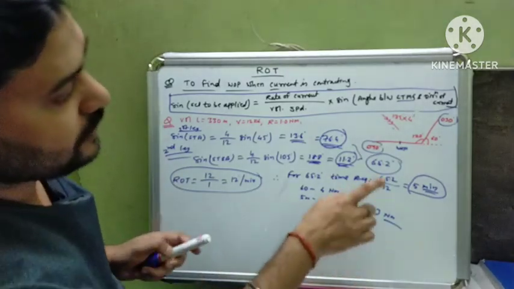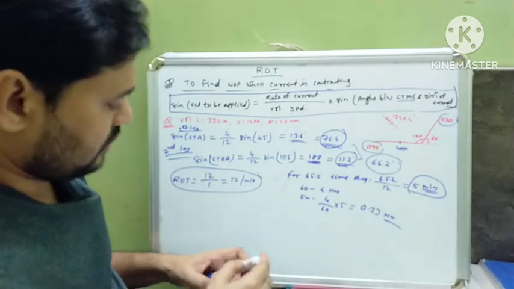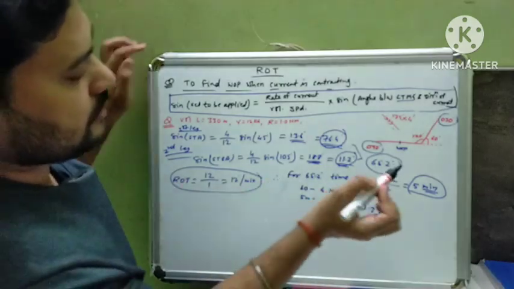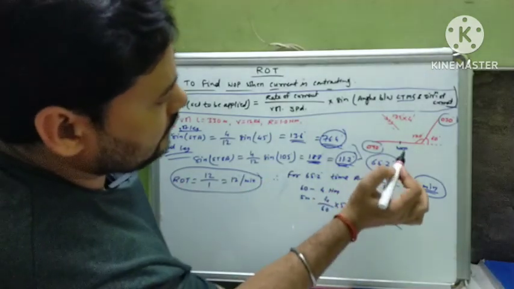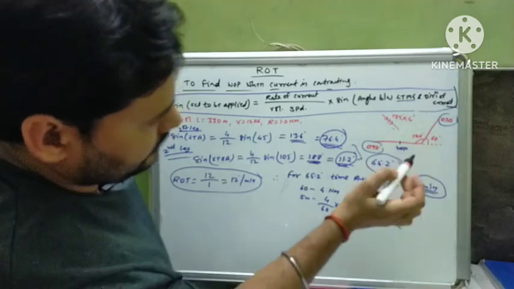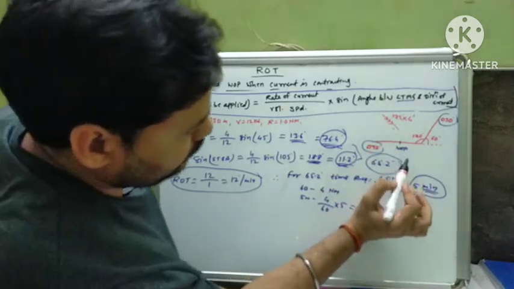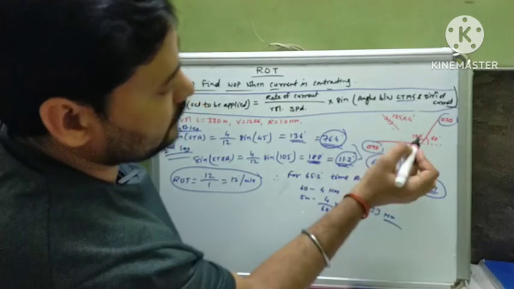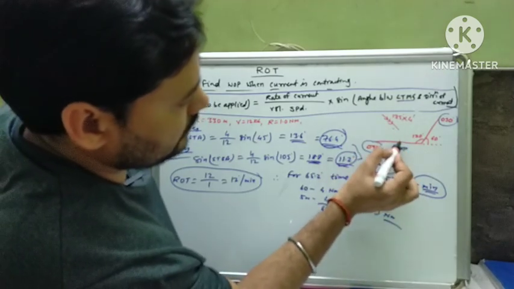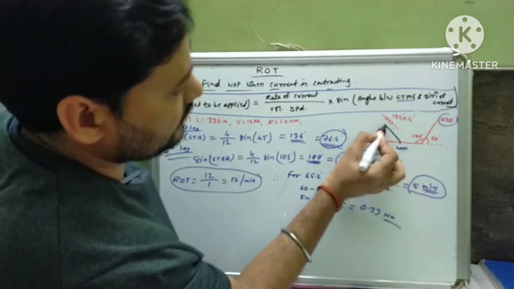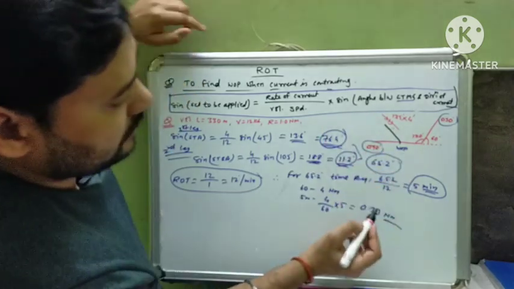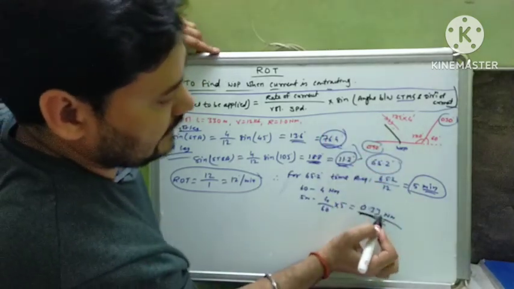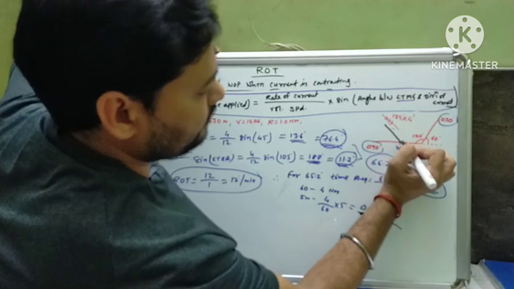Now what we have to do is plot the current from the original wheelover point in the opposite direction. Like the current is in this direction, we'll just plot in the opposite direction here like this, and we'll cut this value 0.33 on this one.